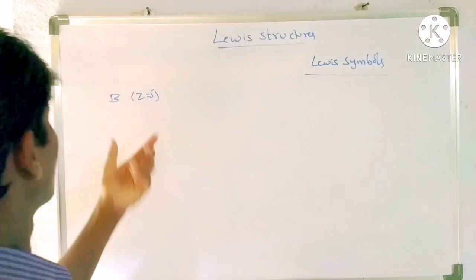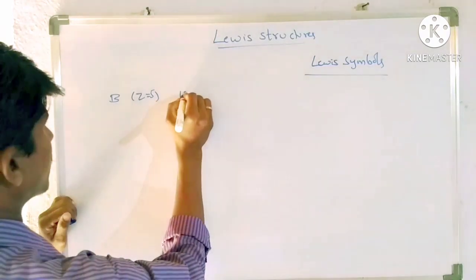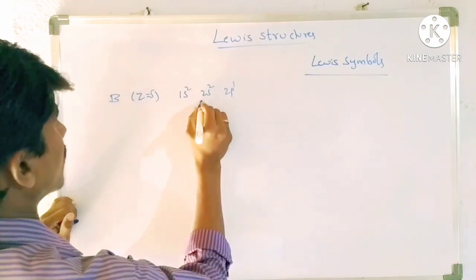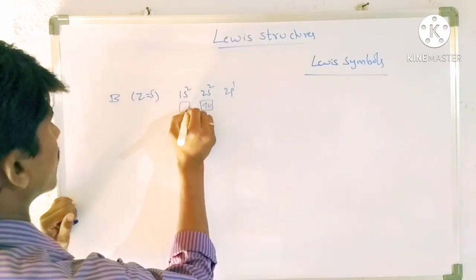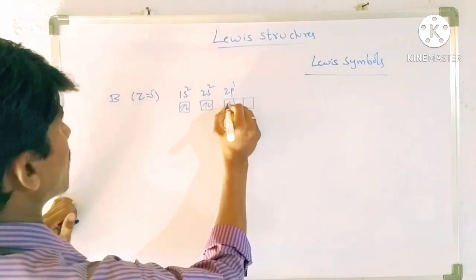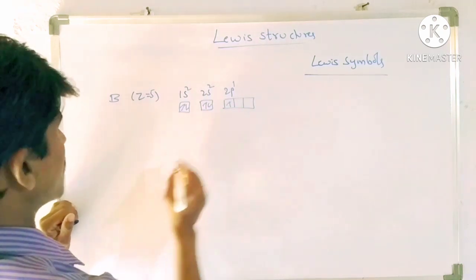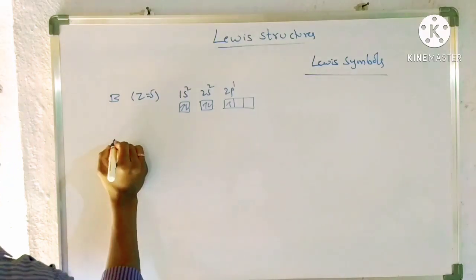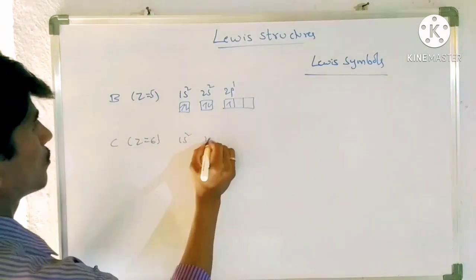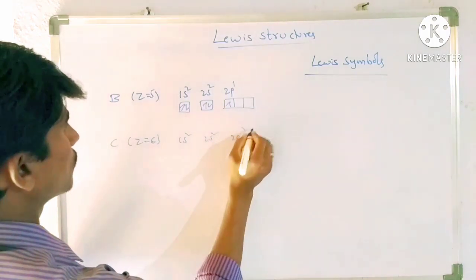Then next, boron, Z is equal to 5. Electronic configuration is 1s2, 2s2, 2p1. Now how many valence electrons are there? Here the valence electrons are 3 only. In the case of boron, the valence orbit is the second orbit, and valence electrons are 3. Next, carbon, Z is equal to 6. 1s2, 2s2, 2p2.